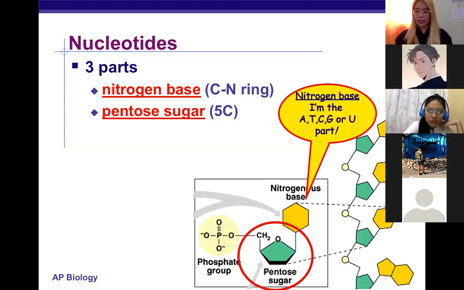In DNA, ang possible na nitrogenous base niya ay ATGC, which stands for adenine, thymine, guanine, and cytosine. Whereas, sa RNA, ang kanyang nitrogenous bases ay adenine, uracil, cytosine, and guanine.